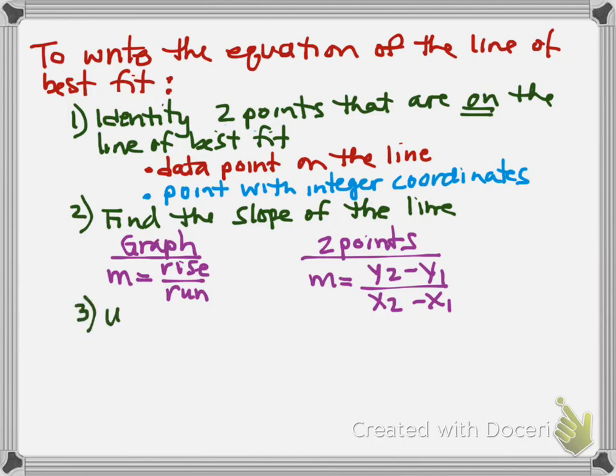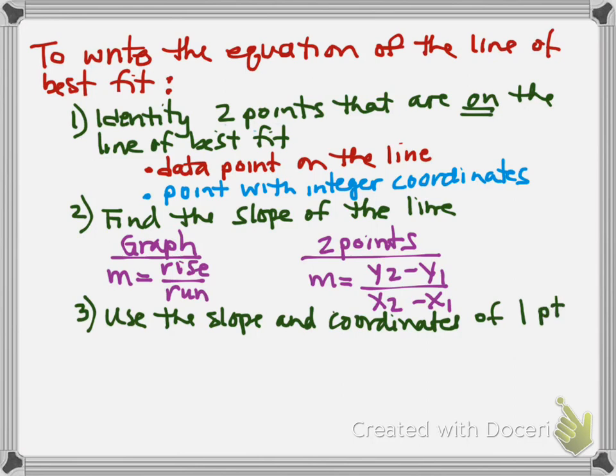And then you're going to use the slope and the coordinates of 1 point to substitute into our slope-intercept form, which is y equals mx plus b, and solve for the y-intercept.